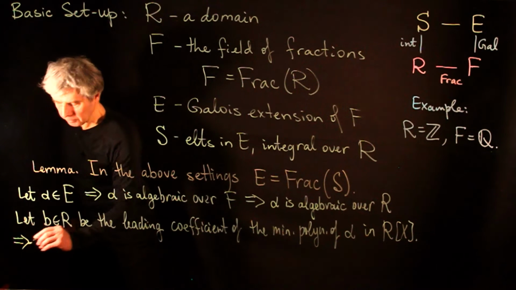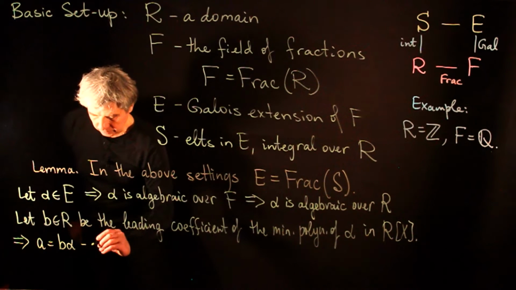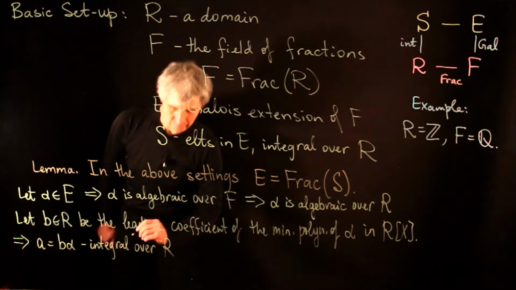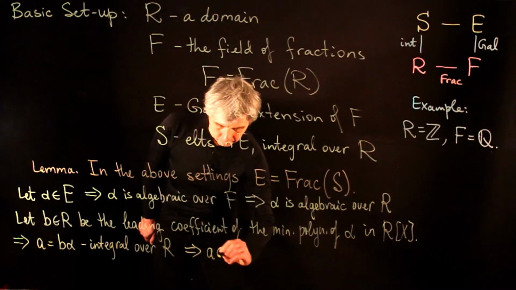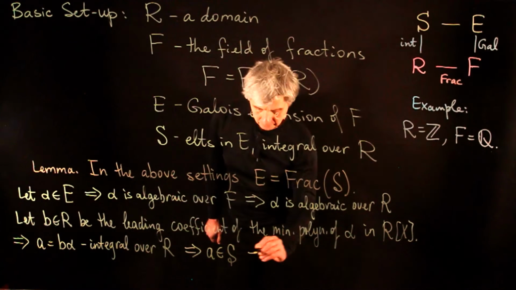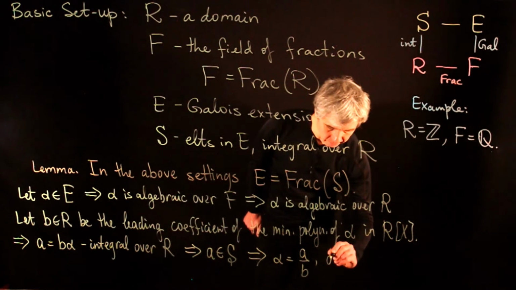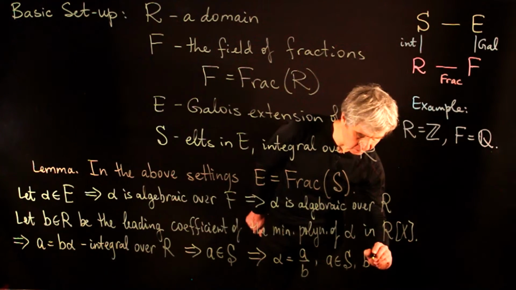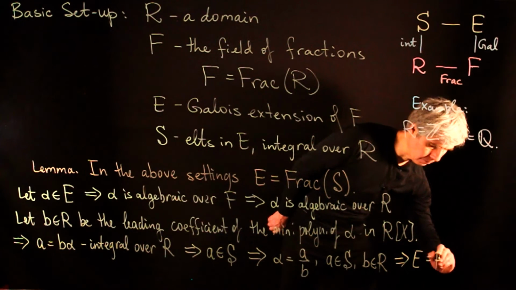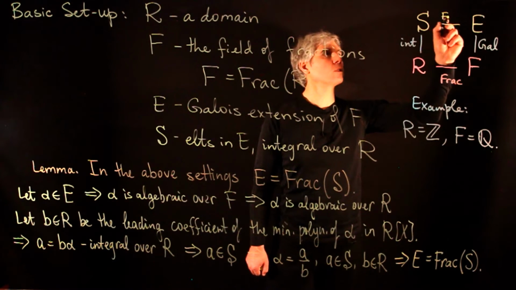We know that if we multiply alpha by B, and let's call this element A, this element will become integral over R. And hence, A belongs to S, because S is the set of elements in E that are integral over R. And so we conclude that alpha is equal to A over B, where A is in S and B is in R. Which means that E is the field of fractions of S. So we can state that this relation holds in this diagram.